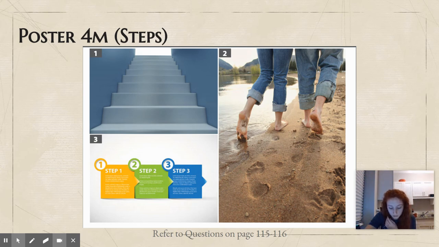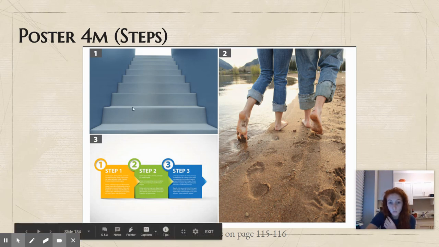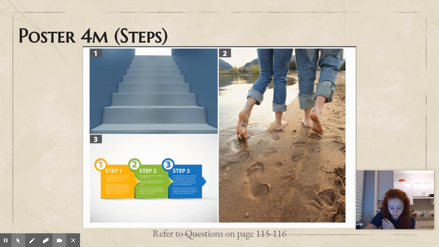Steps can also mean moving in a specific direction by lifting your foot and putting it down in another place. I want you to hold up 1, 2, or 3 fingers to show which picture on this poster shows that meaning. 1, 2, or 3? 2. Good job, guys.